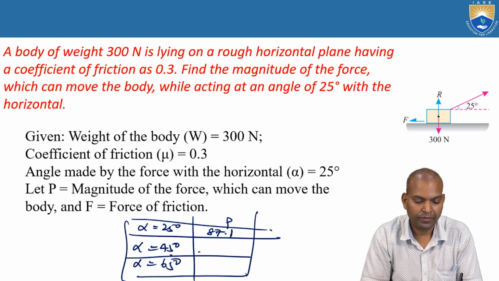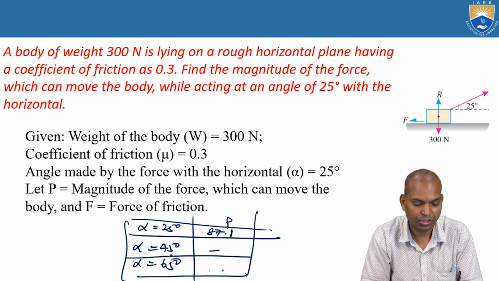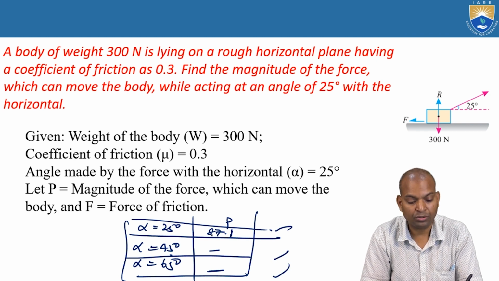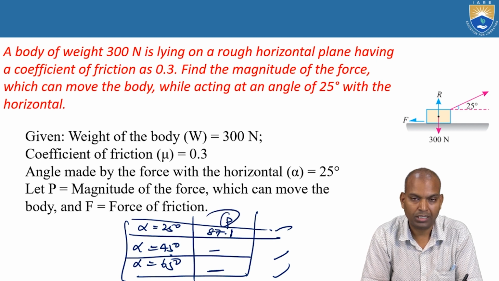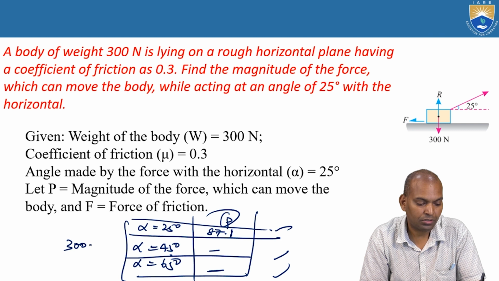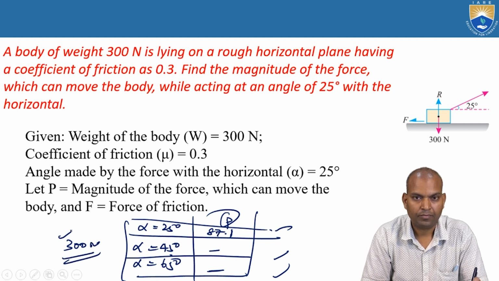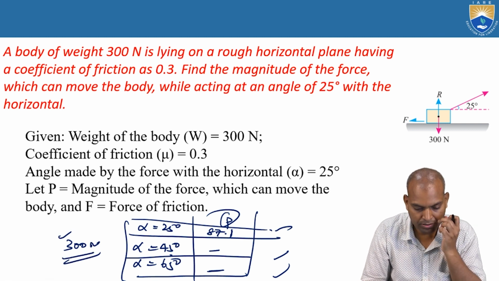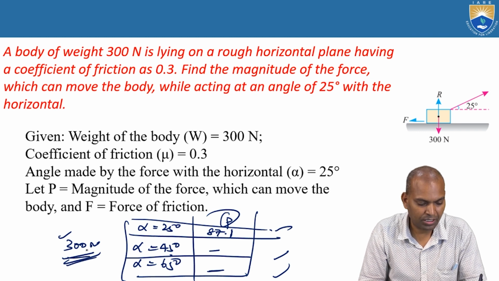At 45, what is the value of P? And at 65, what is the value of P? You can compare these three and come to the conclusion of the optimum force, meaning the least effort required to move the 300 newtons body.